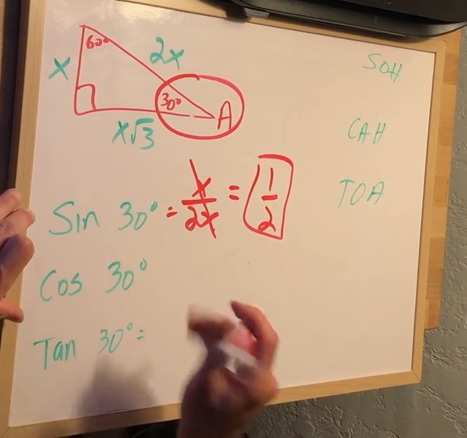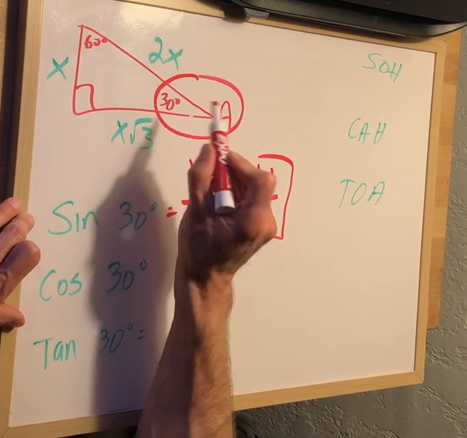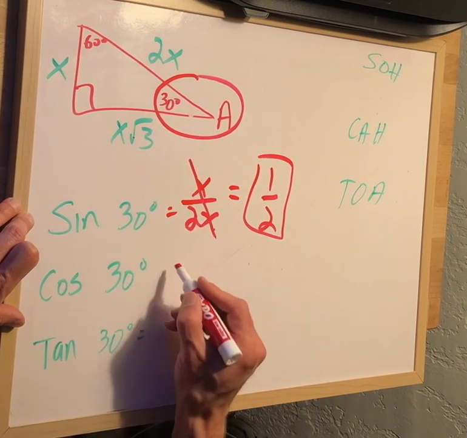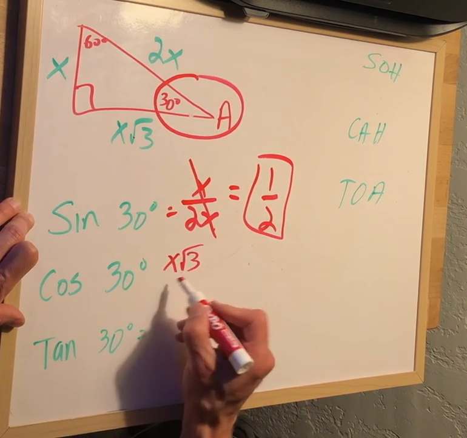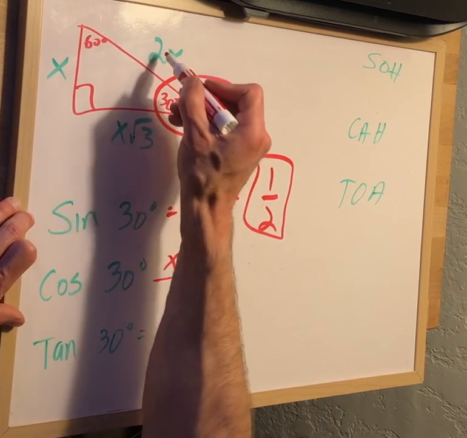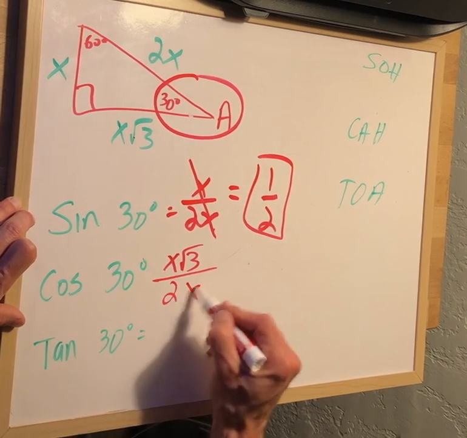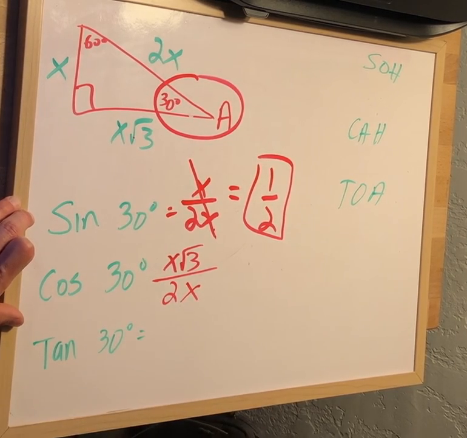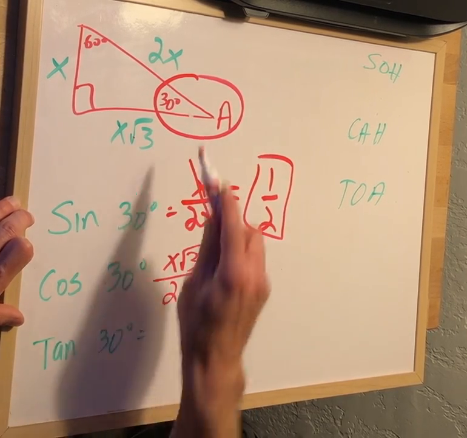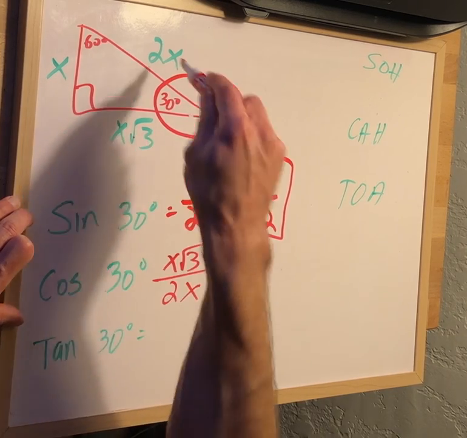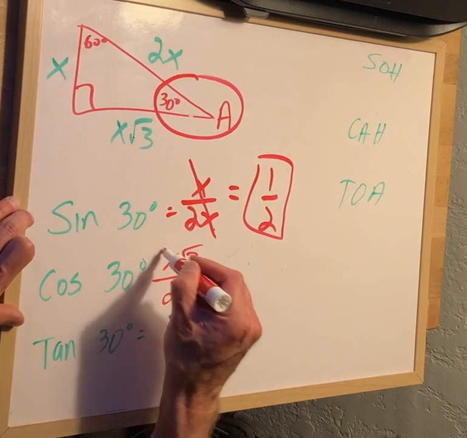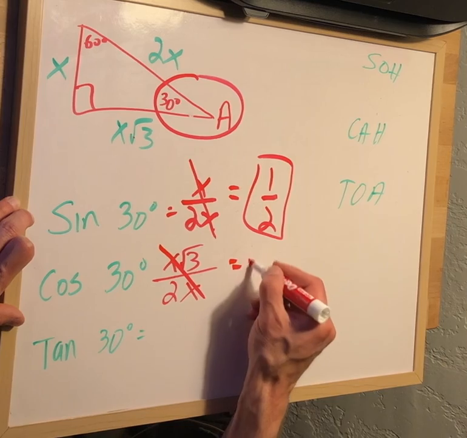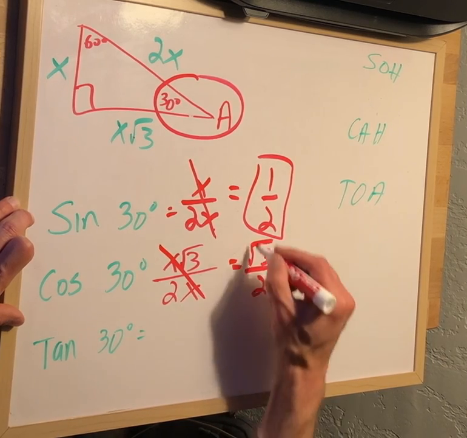But let's continue on. What is cosine of 30? Well, cosine is adjacent, x root 3, over hypotenuse, which is 2x. Remember, cosine of 30 degrees is adjacent over hypotenuse. And then reduce. These two x's cancel out to give me root 3 over 2.